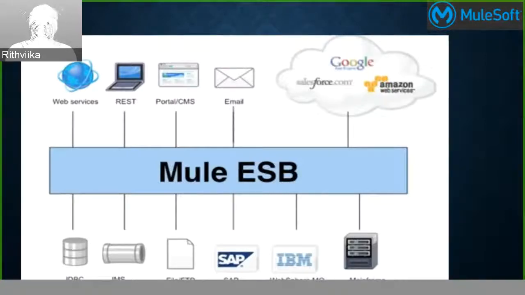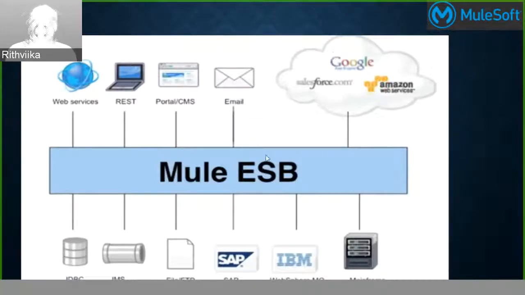And in this Mule ESB, we have a collection of different connectors. We have a large collection to connect and integrate with different systems. So simply we can say that we can connect to almost any system, even the cloud, if you see the diagram over here.